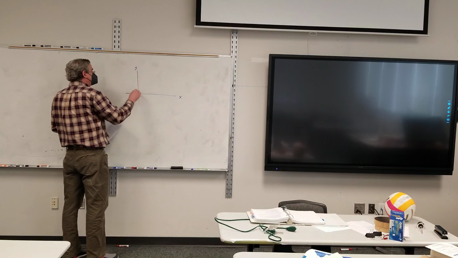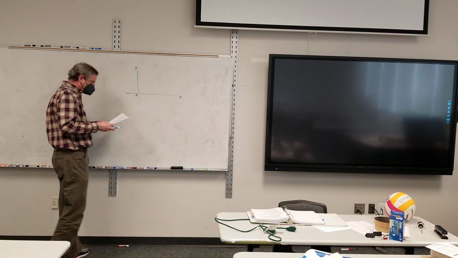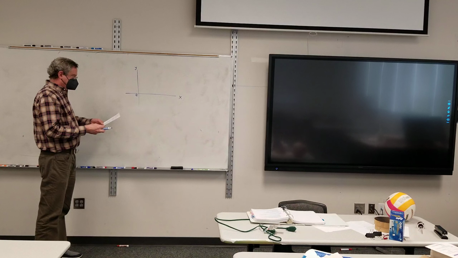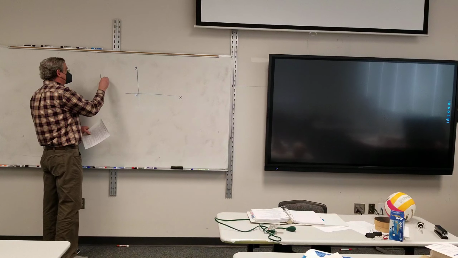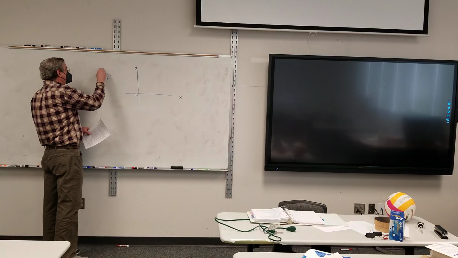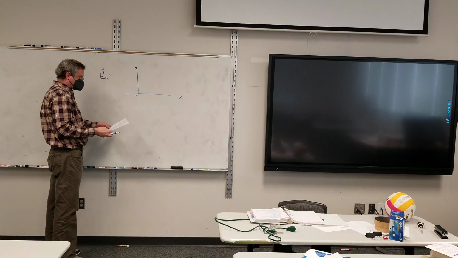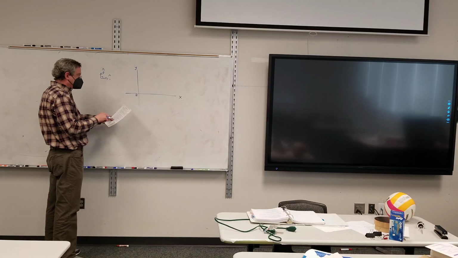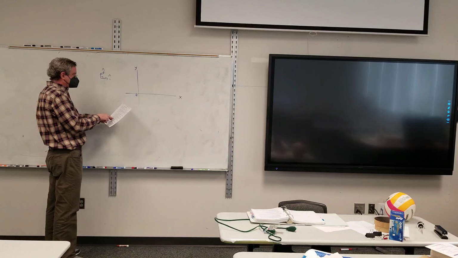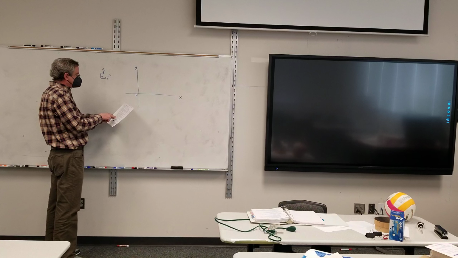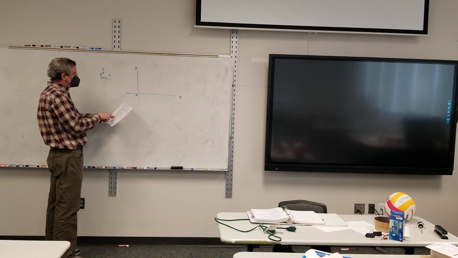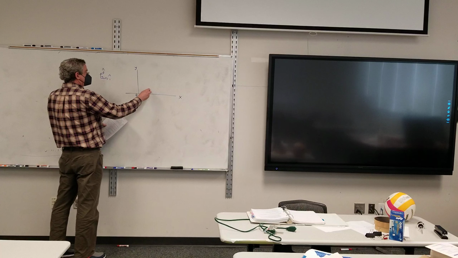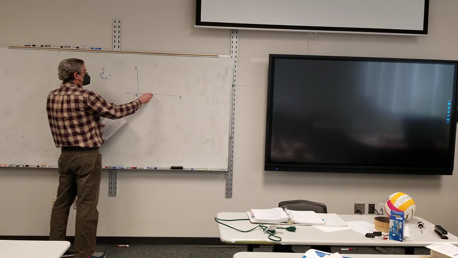X, Y, and then Z coming out at us. So electric field, assuming traditional i hat, j hat. I do actually state it at this point. My electric field is negative 25, positive 10, so it's going in that direction.